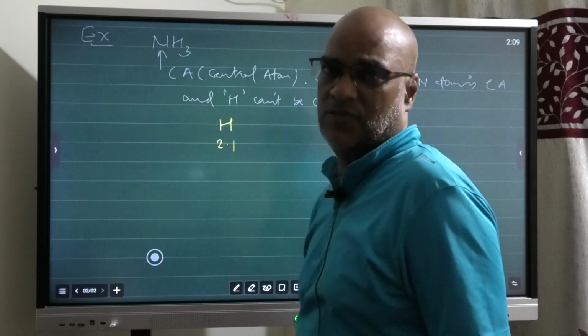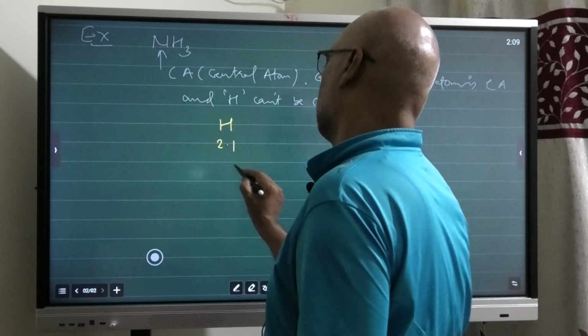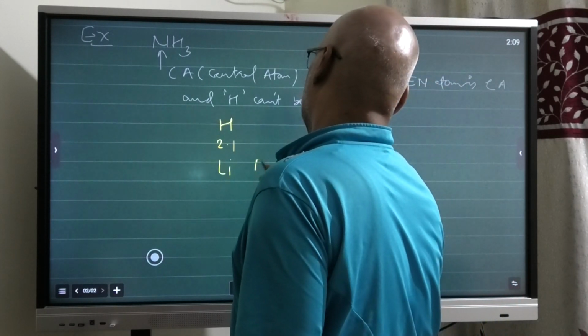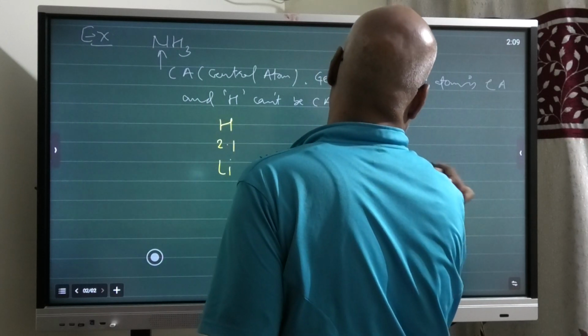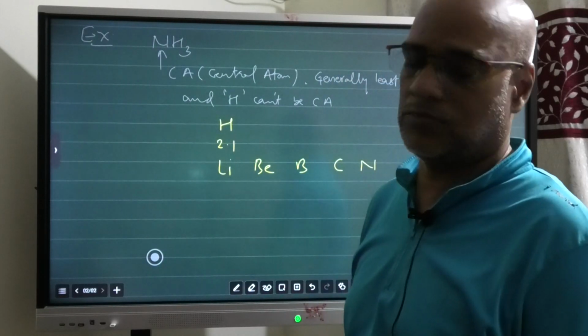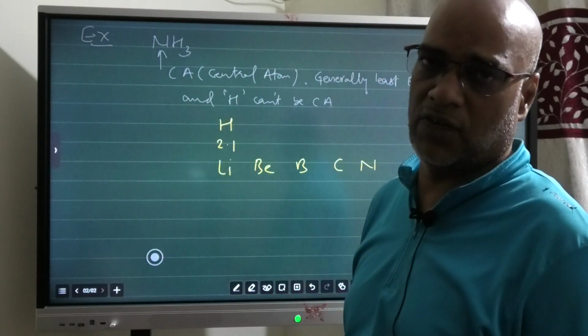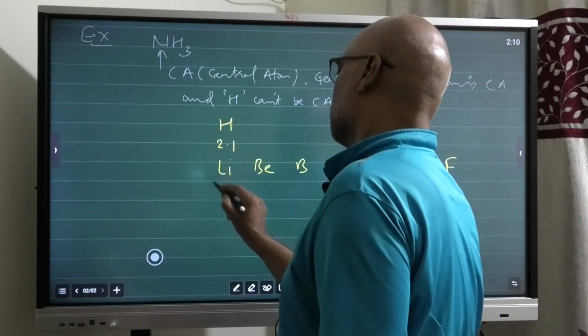Helium is an inert gas, so we don't have any electronegativity value for helium. In the second period we have lithium, beryllium, boron, carbon, nitrogen, oxygen, fluorine. Neon is an inert gas, so electronegativity is not defined because it cannot make bonds.